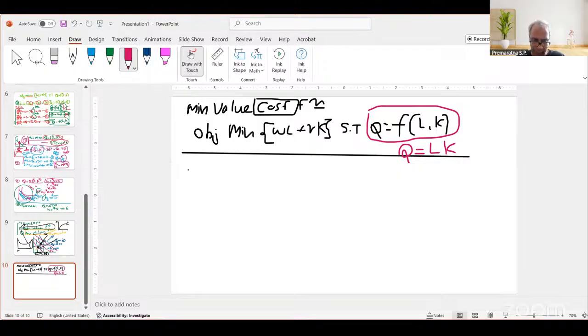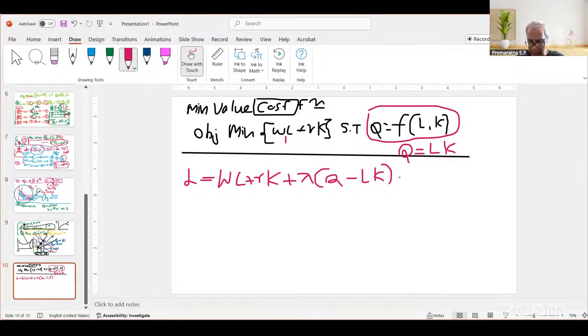Now you have to develop the Lagrangian equation. First, write the objective function. Same thing, of course, as last time when we did the Lagrangian. So here is the constraint, and using this lambda, we add the constraint.